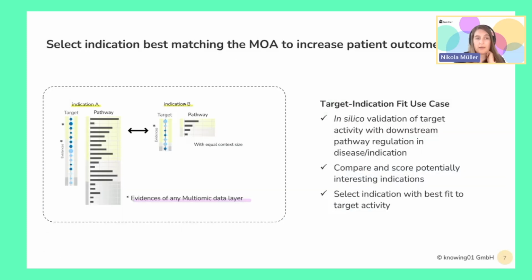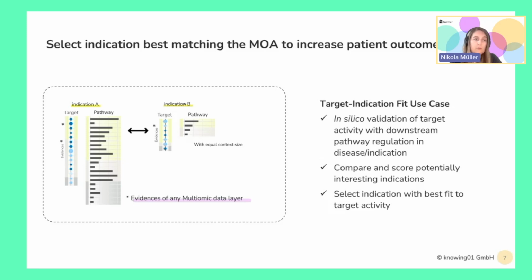I want to give you one example where we can do this quite nicely: selecting an indication for the early clinical strategy that ideally best matches the mode of action, the MOA, to increase patient outcome. We often start working with companies where it's about backing up the first hint of an indication that might work, or screening different oncology or autoimmune indications, trying to see which one works best when I modify a specific target, pathway, or whatever treatment modality you might want.